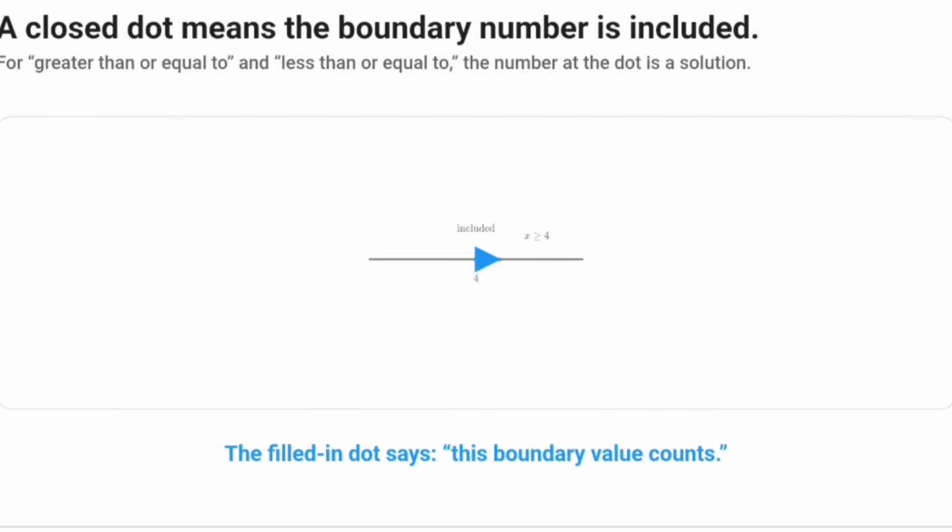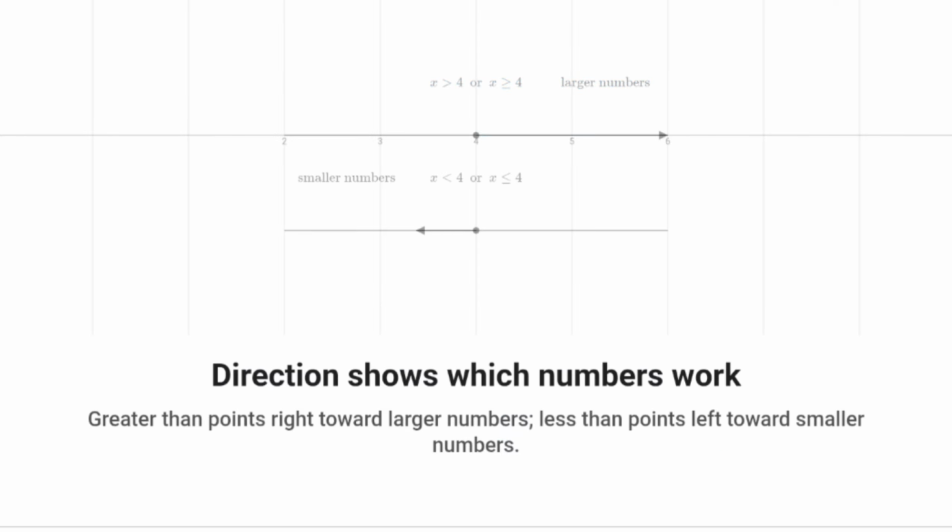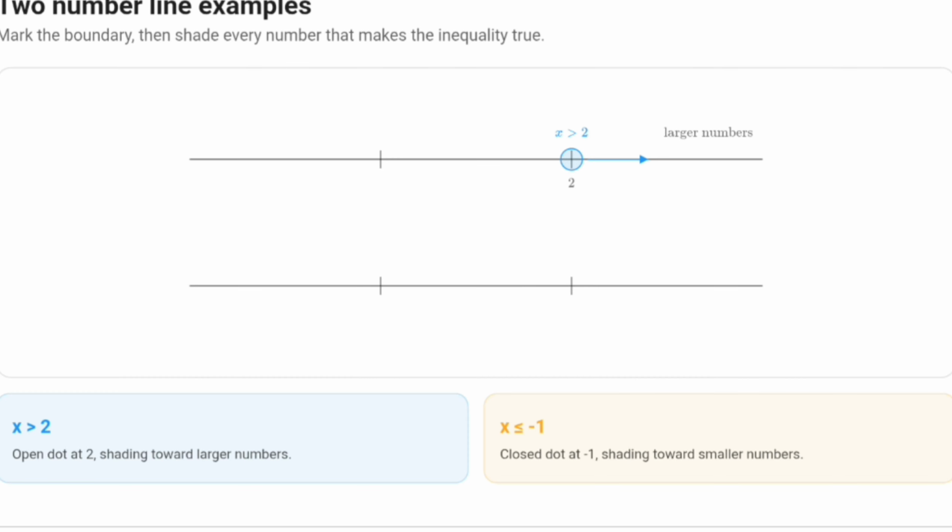A closed dot means the boundary number is included, so it is used for greater than or equal to and less than or equal to because the number at the dot itself is a solution. When the inequality says greater than or equal to, the graph extends towards larger numbers, and when it says less than or equal to, the graph extends towards smaller numbers.